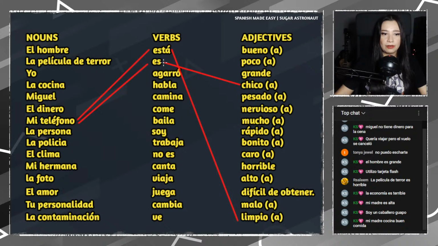Mi teléfono, we can use no es as well. Mi teléfono no es, that's the opposite of es. So you're saying my phone is not bonito. My phone is not pretty. Maybe you have a really old phone and you can say your phone is not pretty.